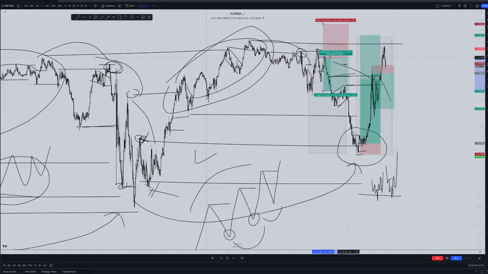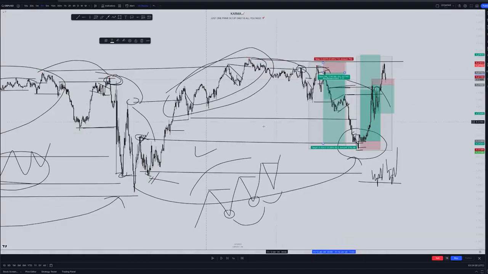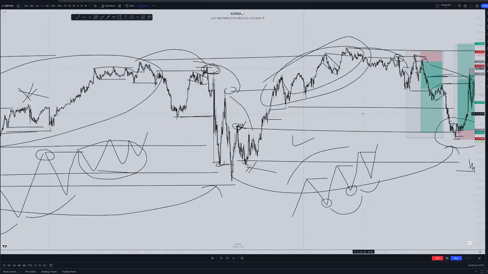I don't know how to talk less. I know how to talk a lot. So I'll probably just give you guys what I'm not supposed to give you. So inducement, change of character, entry, basic. Okay, so that is just how this thing goes, and now I'm able to capitalize on it.